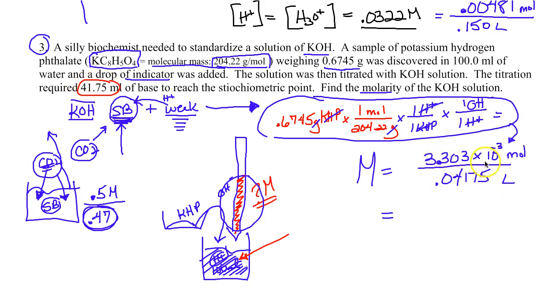In any case, you do the math, and what you get, party people, carrying 4 sig figs, is 7.911 times 10 to the negative 2 molar, or 0.07911. Either way, it doesn't really matter. That's the molar concentration of the hydroxide.